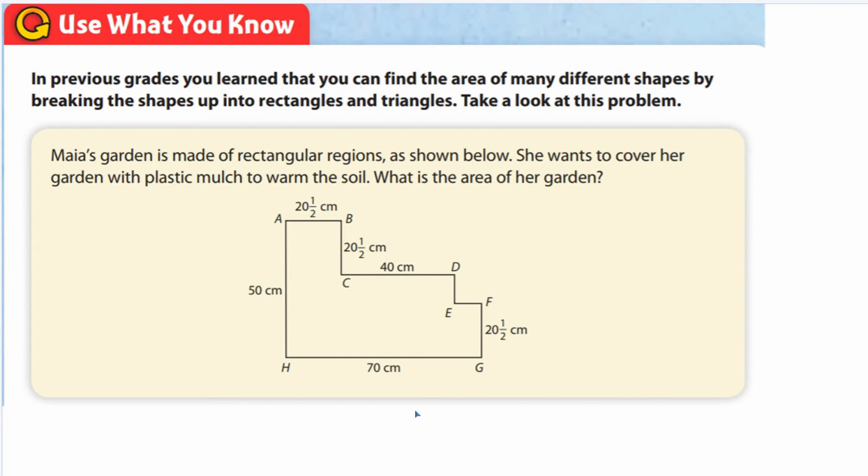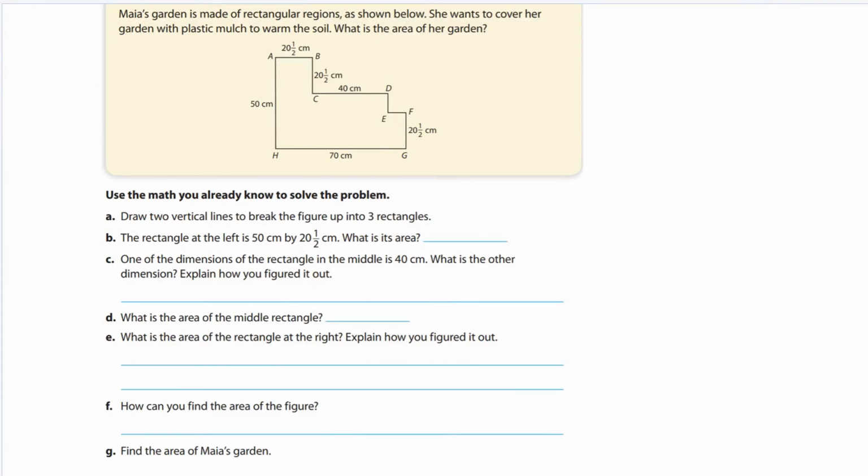Well, now let's look at how we can find the area of her garden. Okay, so here's some clues. There's some great questions here that we can give you to be able to find the area. So the first thing, it says draw 2 vertical lines to break the figure up into 3 rectangles.